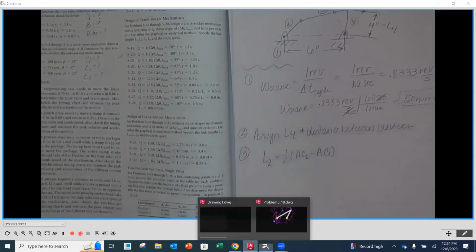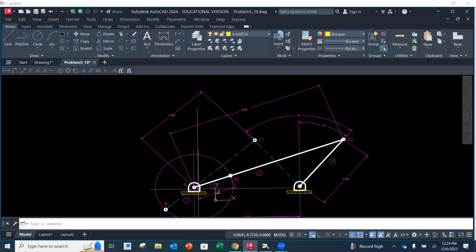So going back to AutoCAD here, my A all the way to C2 is the 9.067. So it's going to be 1/2 times 9.067 inches minus the length from A to C1, which is 4.668.